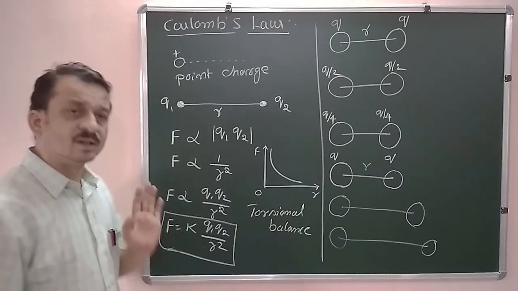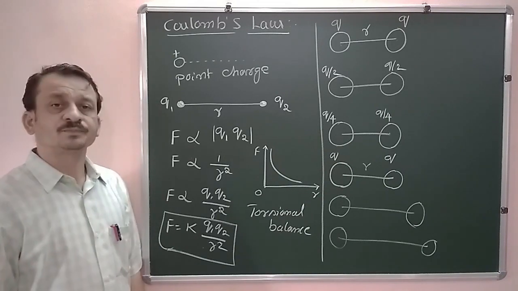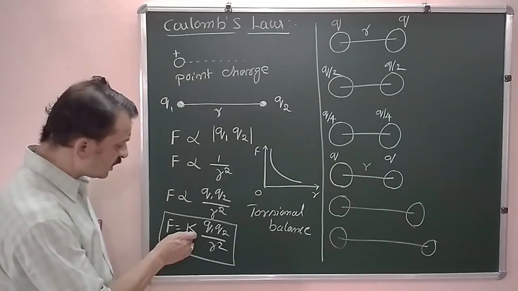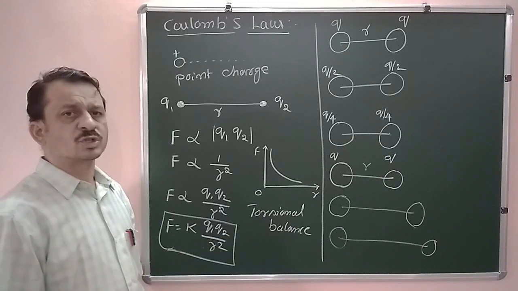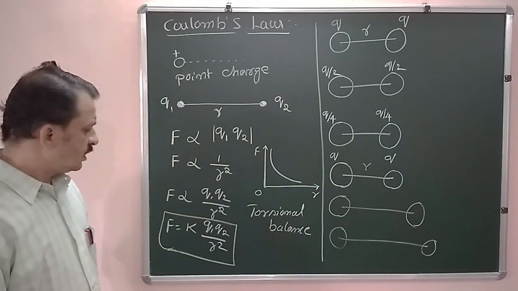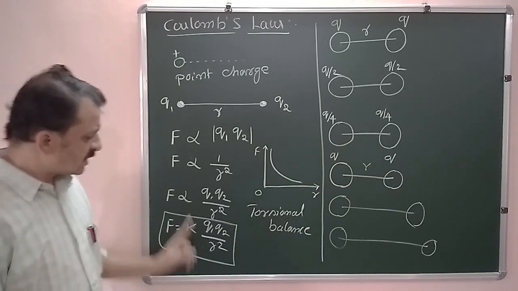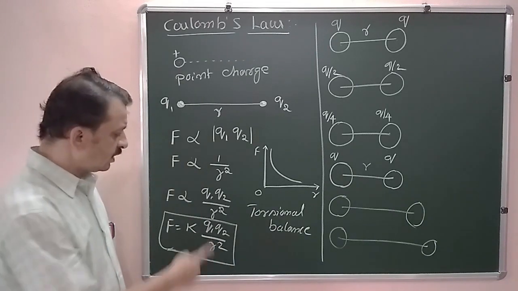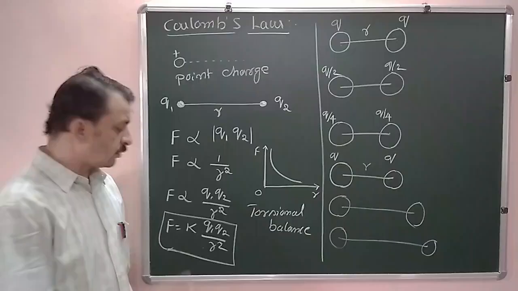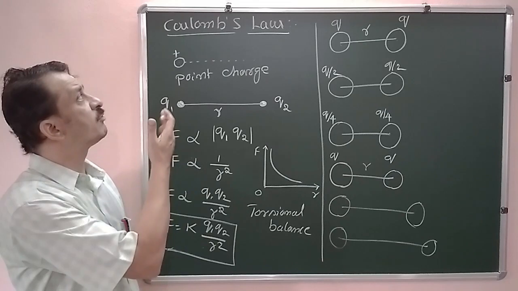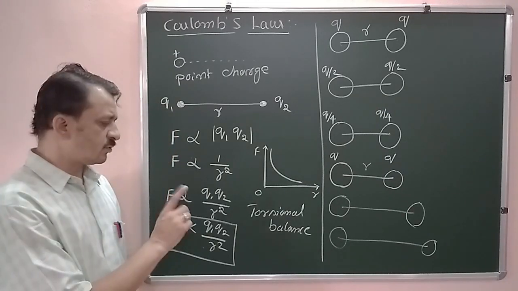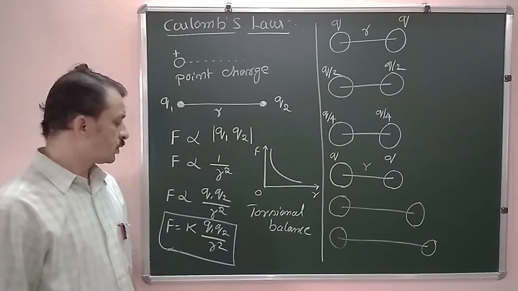And he formulated this Coulomb's law. Now we have got here some constant K, proportionality constant, and with this relation he is going to define the unit of charge. The unit of charge is named after Coulomb. Therefore, unit of charge is Coulomb.